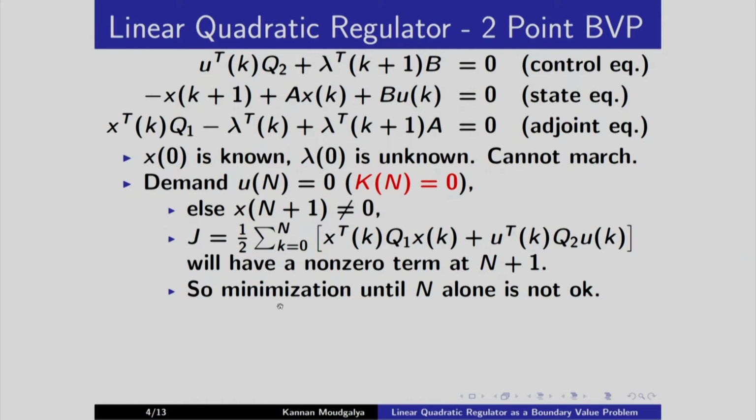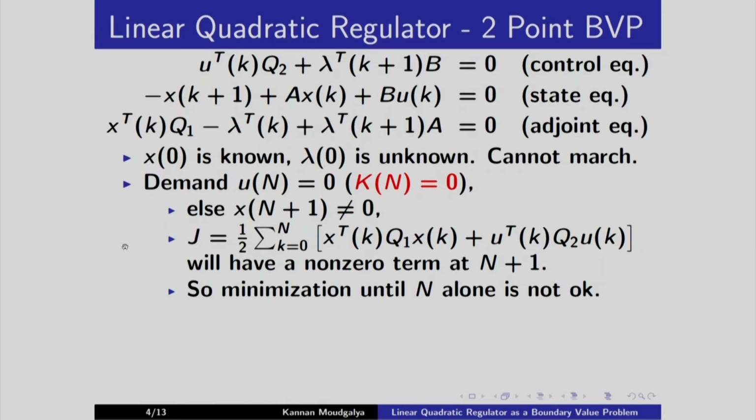So we conclude that minimization until n alone is not okay in this objective function. In other words, if u n equals 0 is not satisfied, this objective function itself is incorrect.